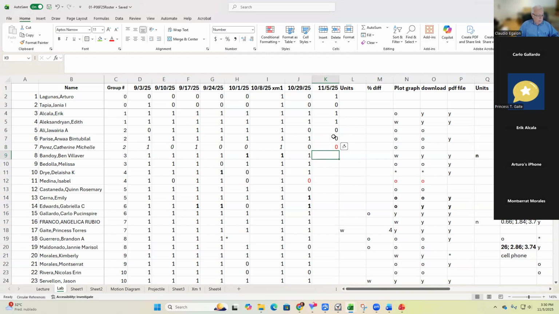Looks like Ben is here, right, Ben? Yeah, okay, thank you, Ben. Melissa Bedoya. Let's see if Melissa is here. I don't see Melissa in my Zoom roster. Isabel Medina. I don't see Isabel.